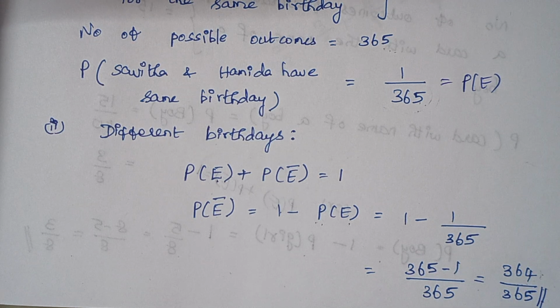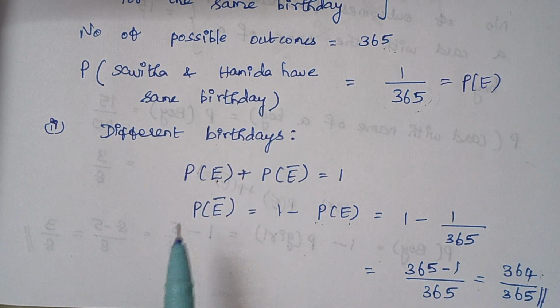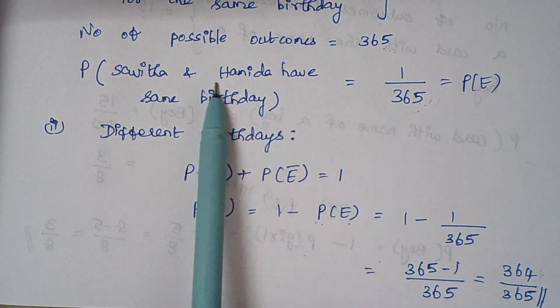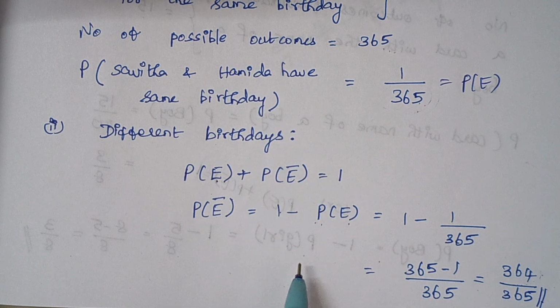Am I making sense here? Because if you solve the different birthdays first, there are a lot of confusions and you may get easily confused, I believe. So once you solve for the same birthday first and then solve for different birthdays, it will be pretty easy. I believe you will never make any mistakes. Am I making the concept clear?